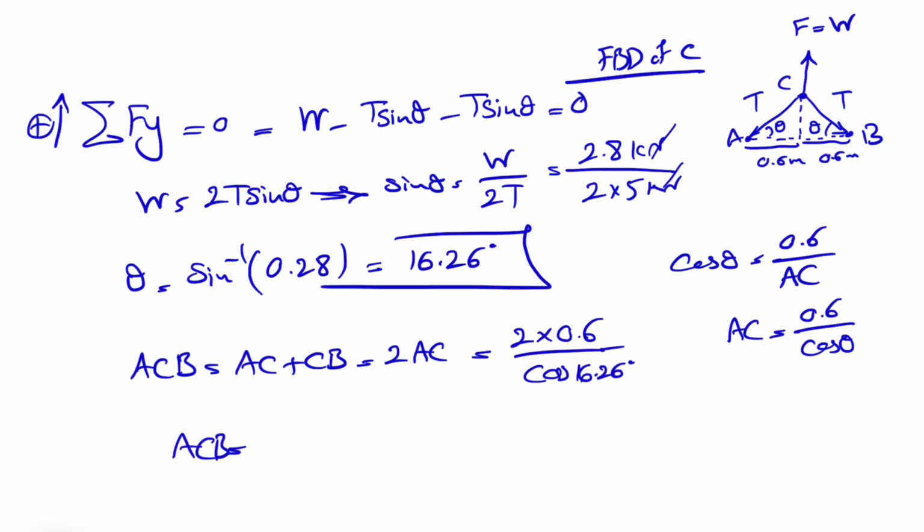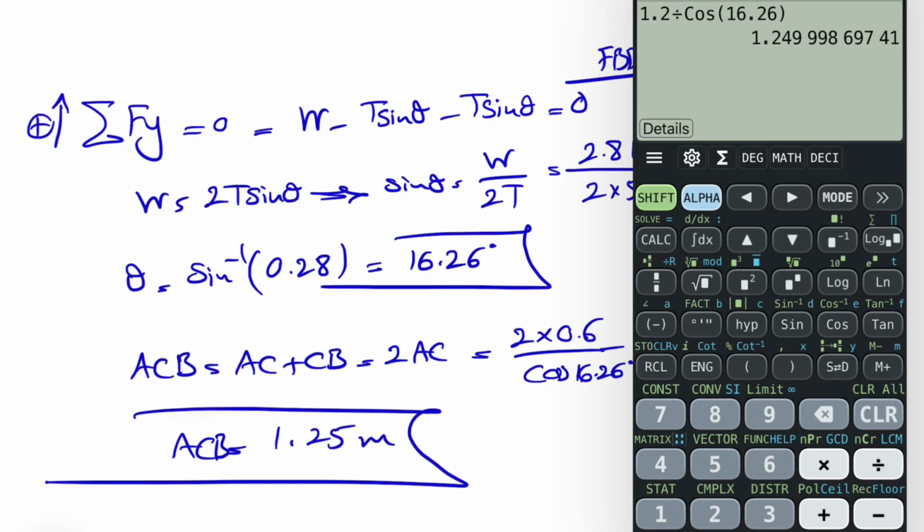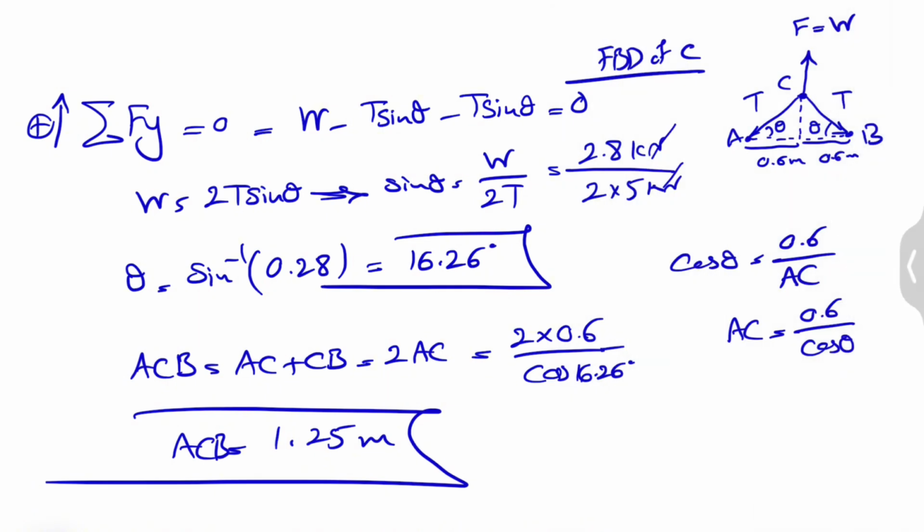To find the length of ACB, which is the answer for this question, all we need to do is 2 times 0.6, 1.2, divided by cosine of 16.26. That's going to give us 1.25 meters, which is the length the question is asking for.